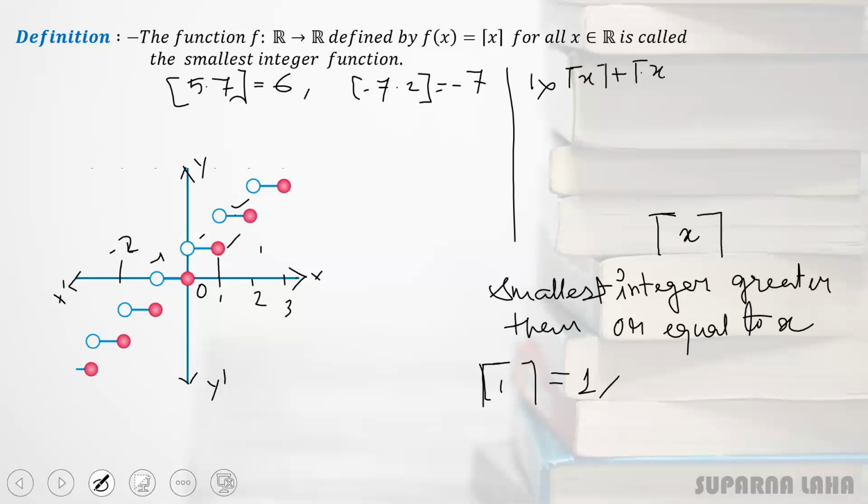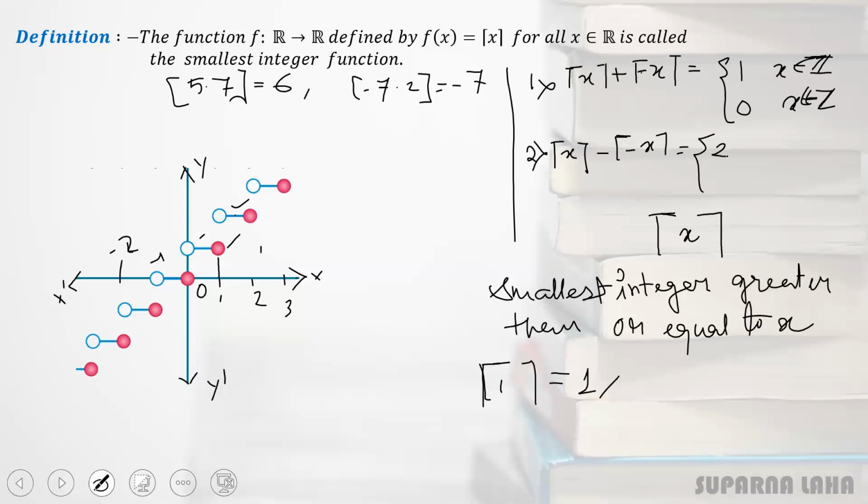This value, the smallest integer of x plus the greatest integer of x, is given by either 1 for x not belonging to the set of integers, and 0 for x belonging to the set of integers. Another one is the smallest integer of x minus the greatest integer of x. This value is also given by 2 times the function minus 1 for x not belonging to the set of integers, and 2 times the function if x belongs to the set of integers.